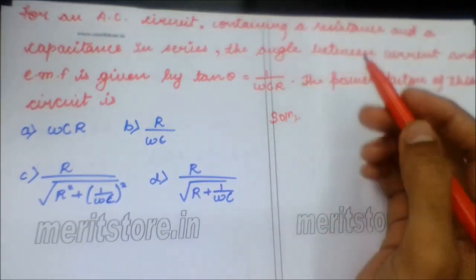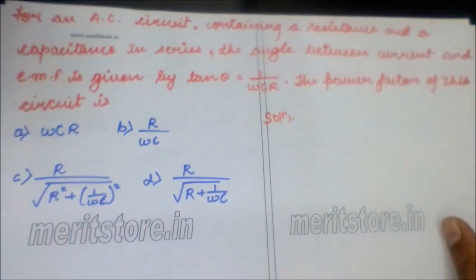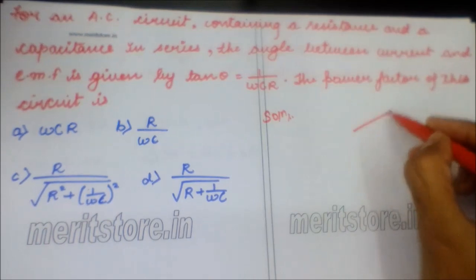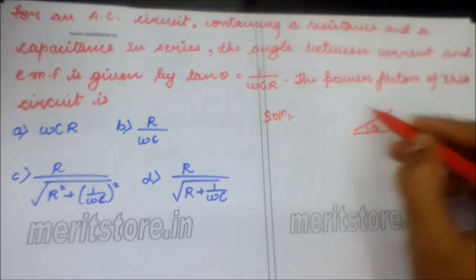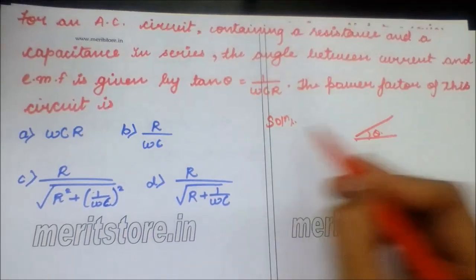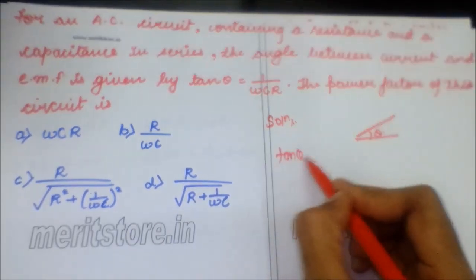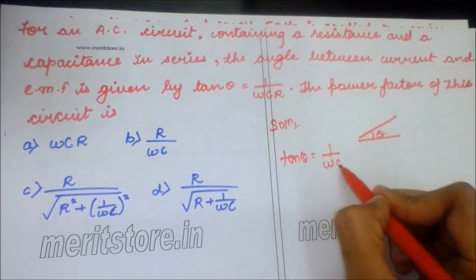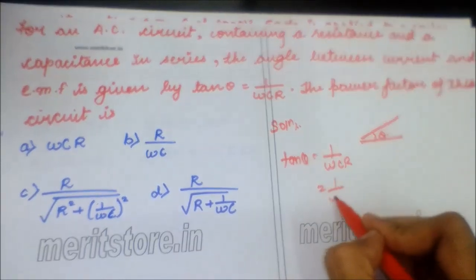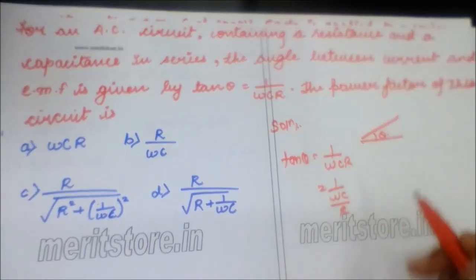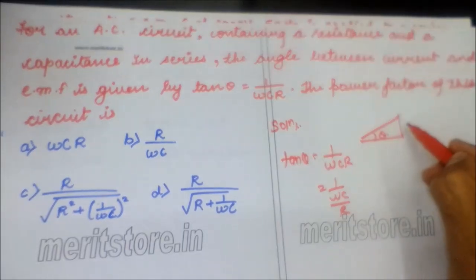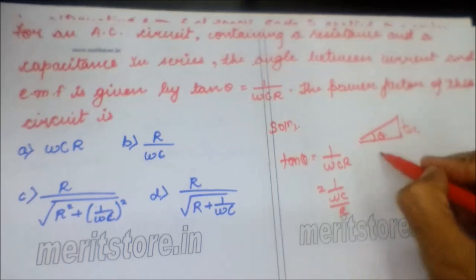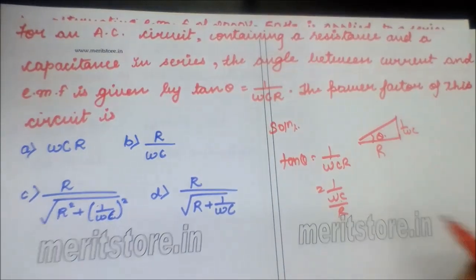This is an RC circuit, and the angle between the current and the EMF is given by theta, where tan theta equals 1 upon omega CR. It can be written as (1 upon omega C) upon R, where tan theta equals opposite upon adjacent. So the opposite of this angle becomes 1 upon omega C, and the adjacent becomes R.